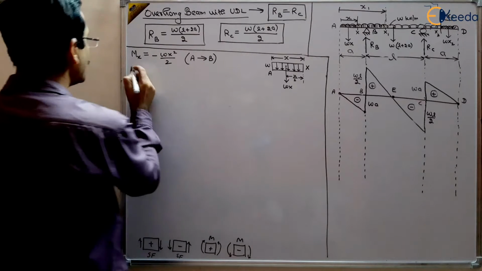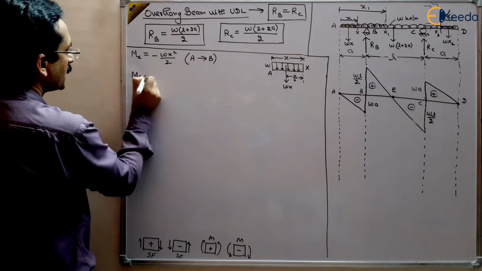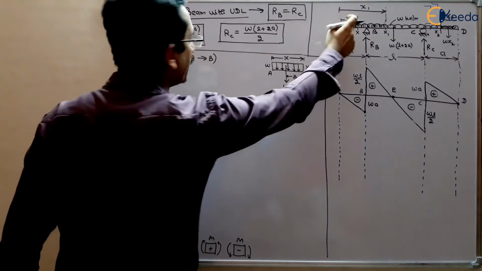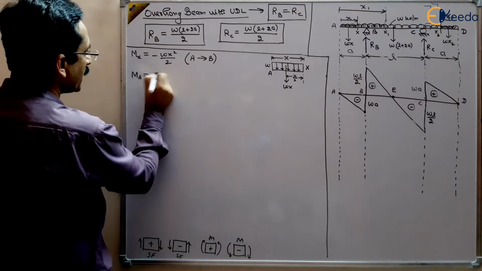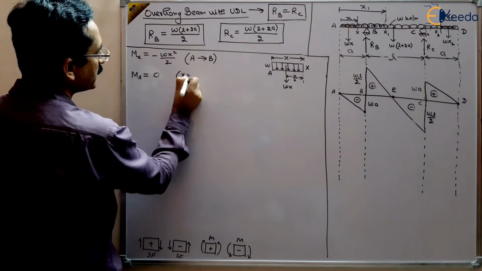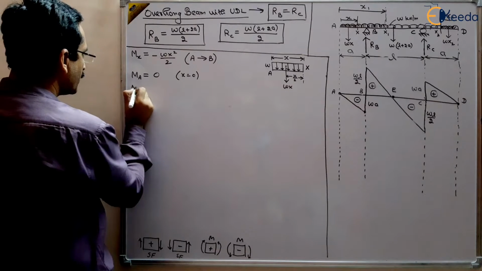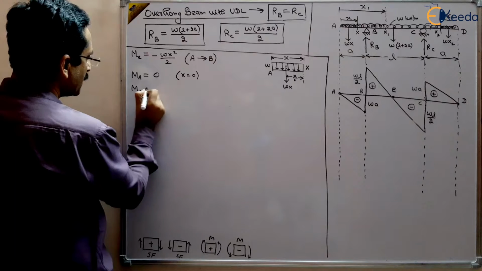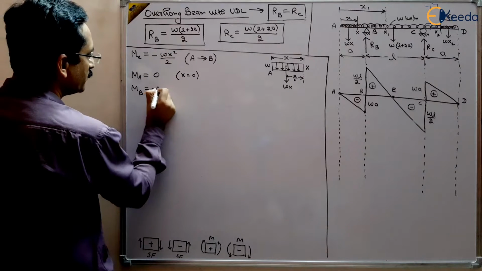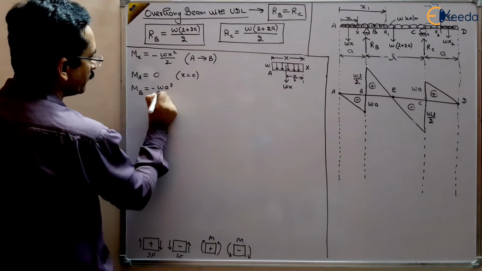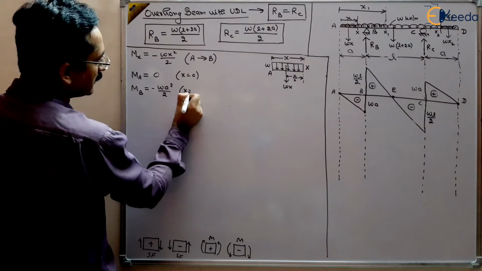Then what is bending moment at A? At A, x is 0. So MA is equal to 0 because x is 0 here. And what is bending moment at B point? That is equal to minus W A square by 2 because x is A here.